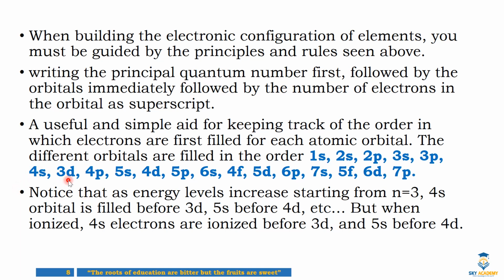You may say I'm going to remove the electrons of d before 4s, but in ionizing, we remove electrons from 4s. Then after being removed, you can then come to 3d. Those are the two exceptions you have seen here.